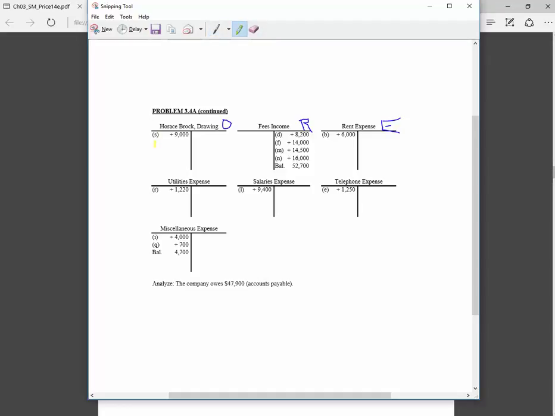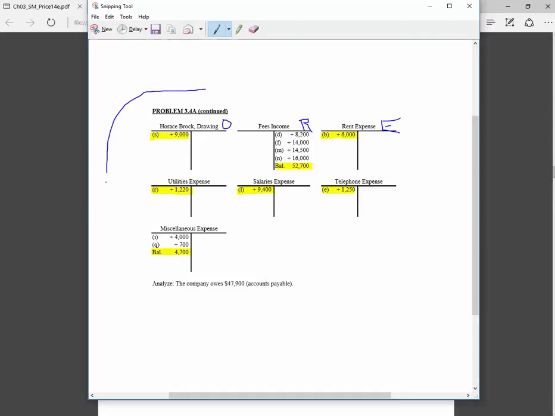And then the balance of drawing is always going to be on the debit side. Fees income, the balance should always be on the credit side. And all expenses should have a balance on the debit side. Now again, it's kind of nice that all of these fell on this page.